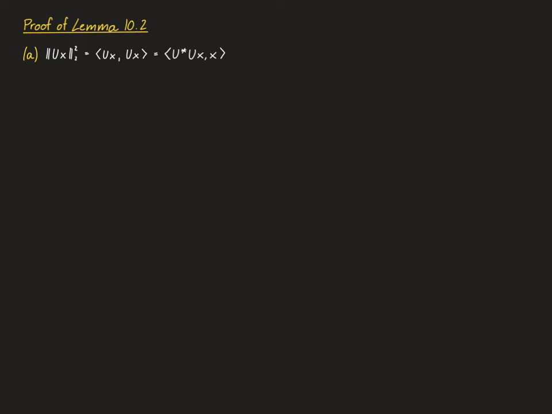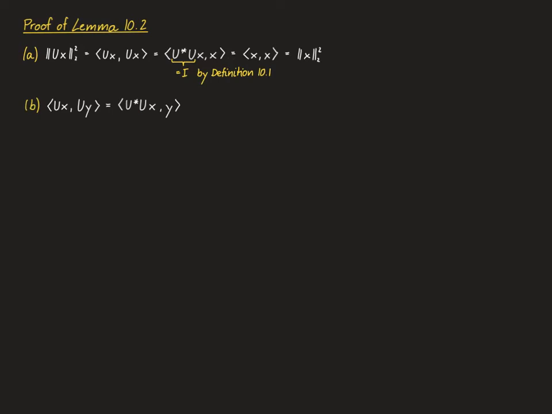By the definition of an adjoint operator, we can pull this U into the first argument as a U star, and we obtain the inner product of U star Ux with x, whereby by the definition of a unitary matrix, U star U is equal to the identity matrix. So therefore this is equal to the inner product of the vector x with the vector x, or the 2 norm of x squared. The proof of part B works exactly in the same way.